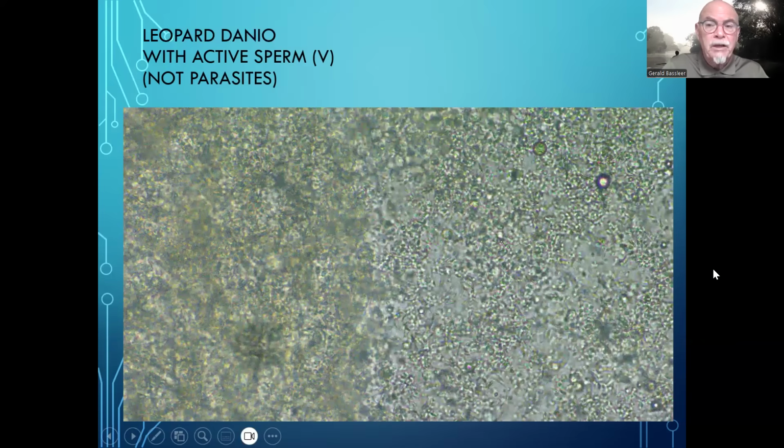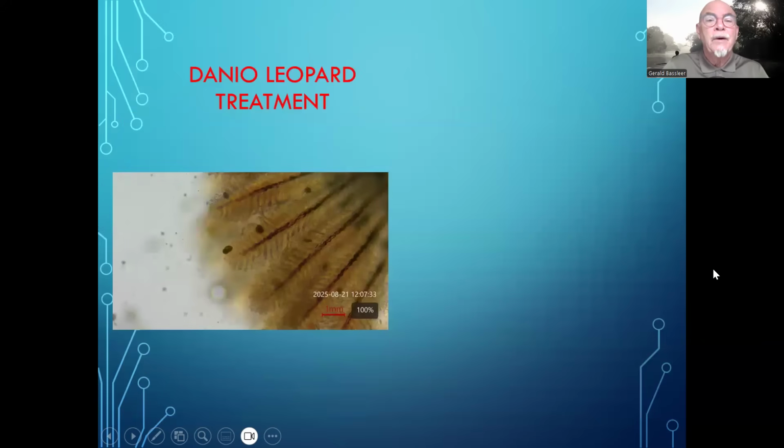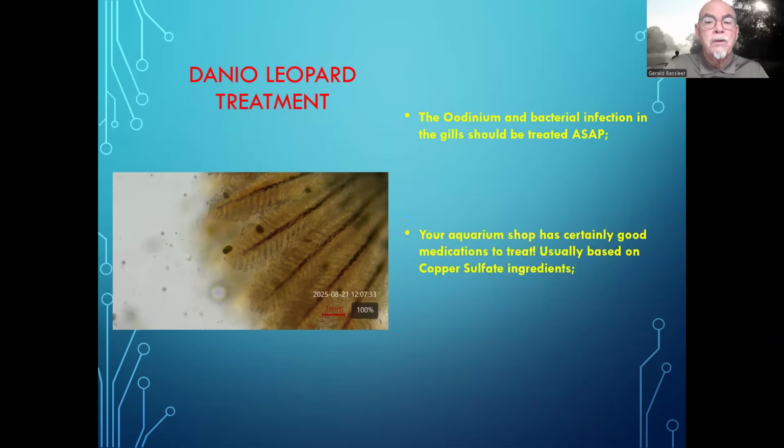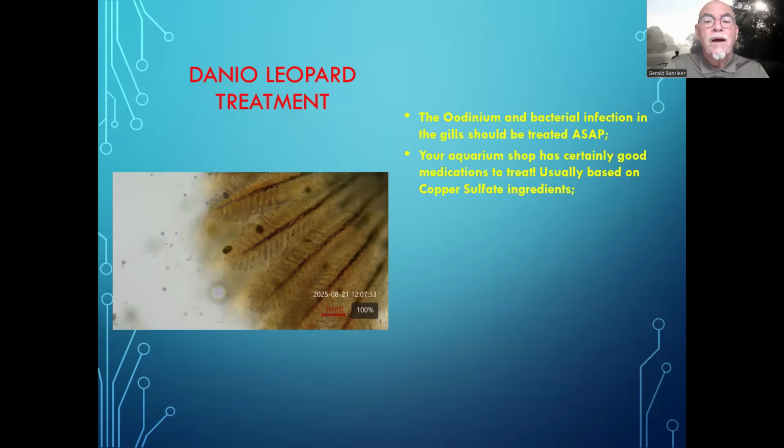Some people misdiagnose that. Well, the Leopard Danio, the treatment, well, the Oodinium and the bacterial infection, they should be treated as soon as possible. And your aquarium shop certainly has good medications to control that, and they are usually based on copper sulfate ingredients.